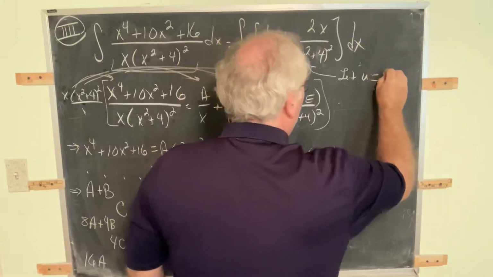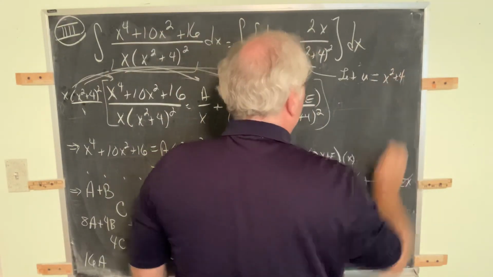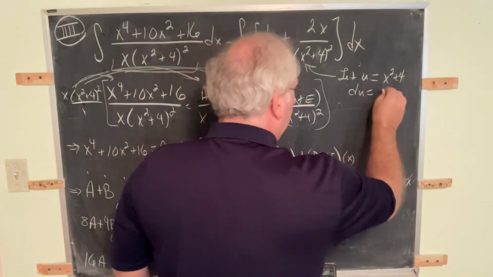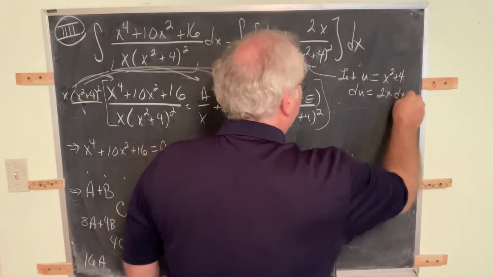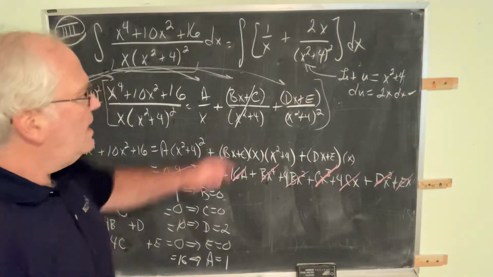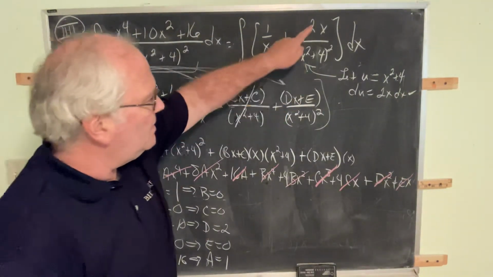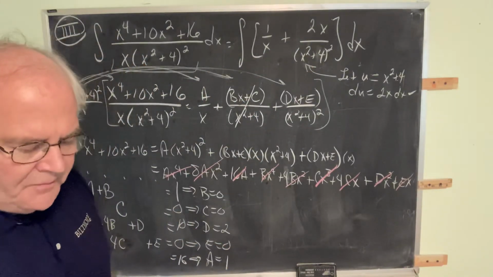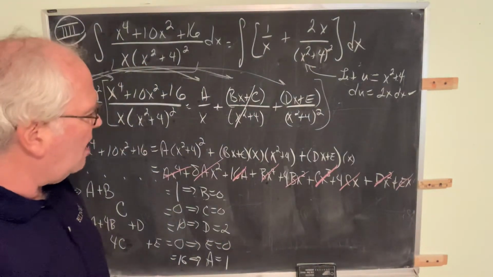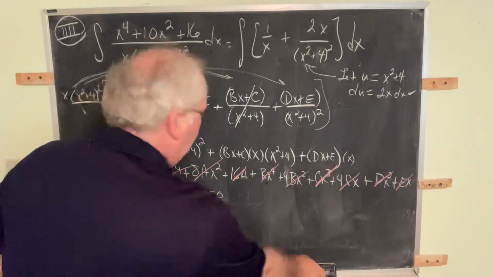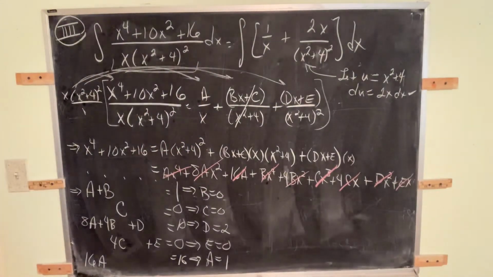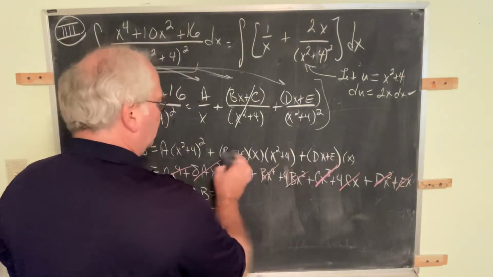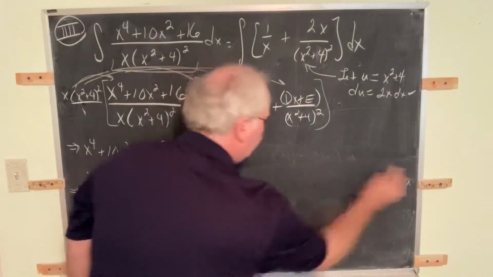So if you let u equal x squared plus 4, this falls out very quickly. du is equal to 2x dx, and the substitution is exact. That solution is very straightforward. It shouldn't be too much of a problem. If you like, I can work that the rest of the way out. Let me get some space here. I'm going to erase this to give me some more space to finish out this work.